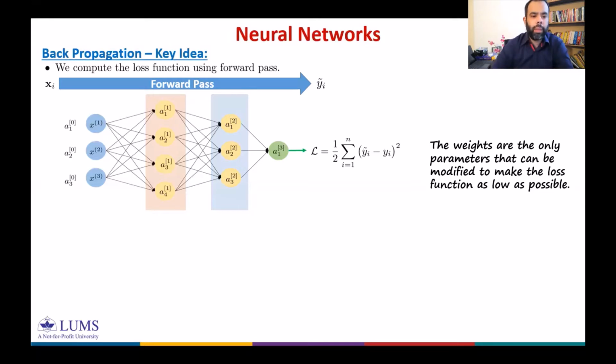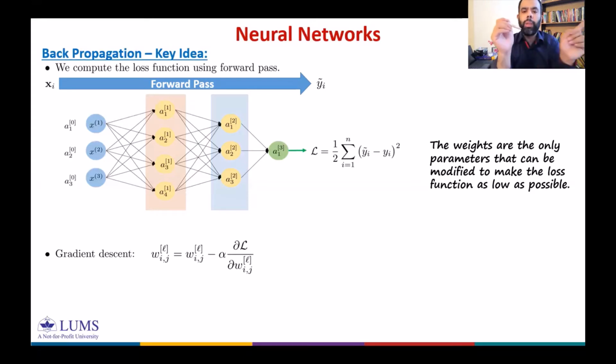If we have w_ij^l, what does w_ij^l denote? The lth layer, ith node of the lth layer, and j defines the weight associated with the jth input of the node.